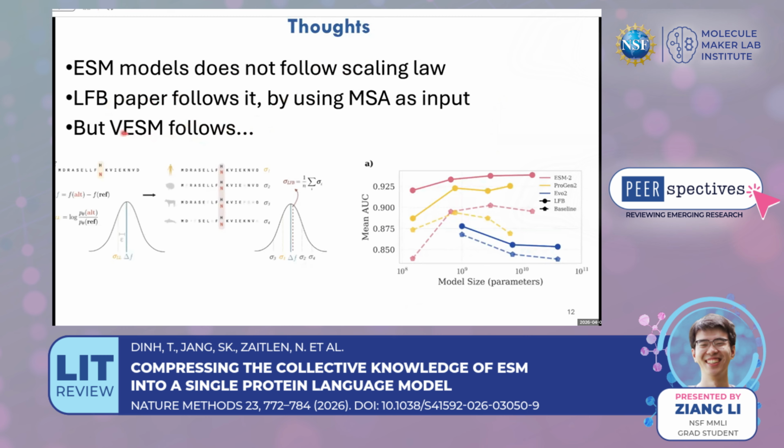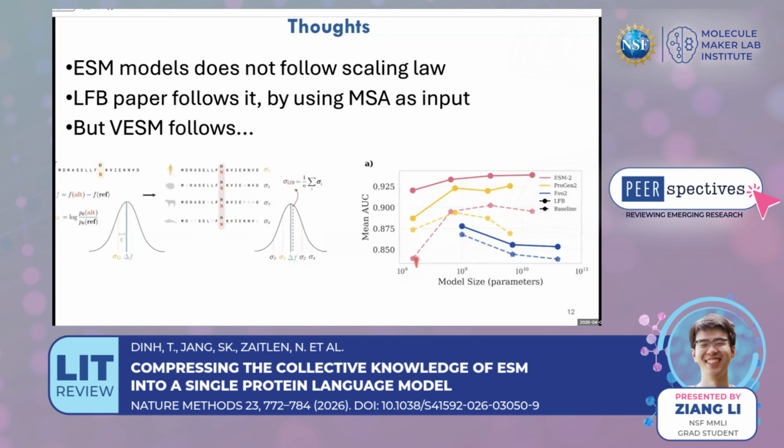And a previous paper is called LFB. I really like this paper, and it shows that if you're using the average output of the MSAs as the input, then it might help the ESM models still follow the scaling law.